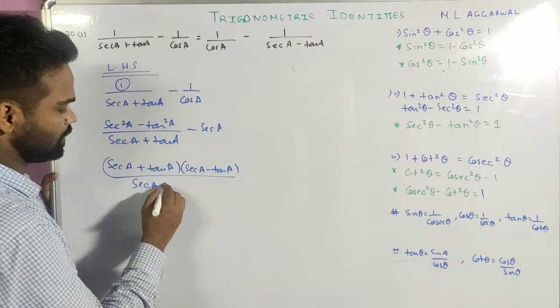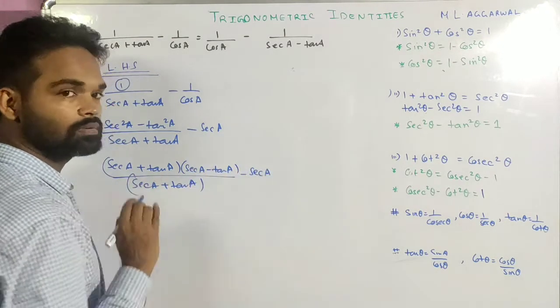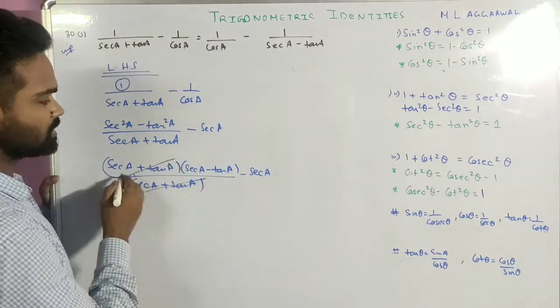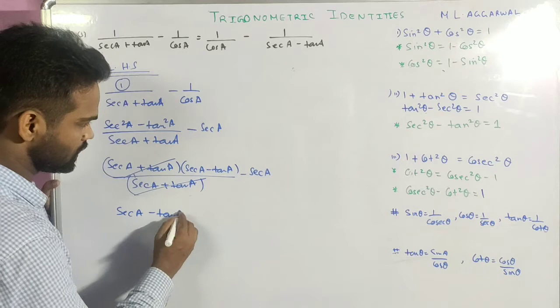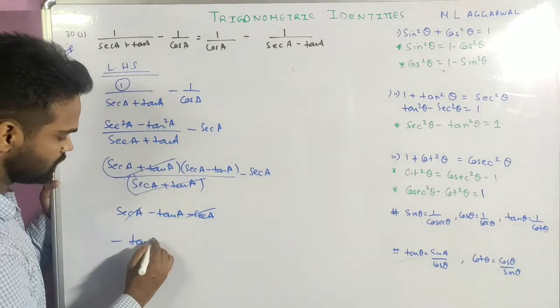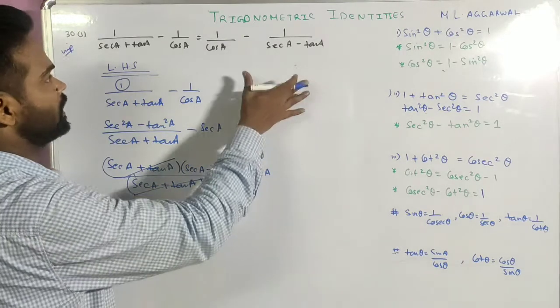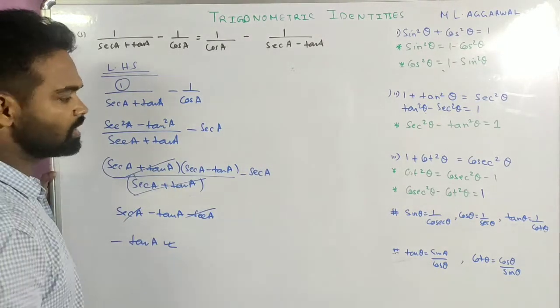By sec A plus tan A as it is, minus sec A. Done. Now look, this and this cancels out. So what remains? Sec A minus tan A minus sec A, which means minus tan A remains.